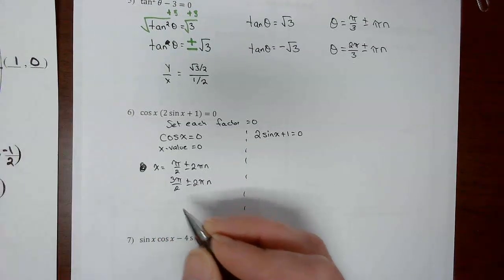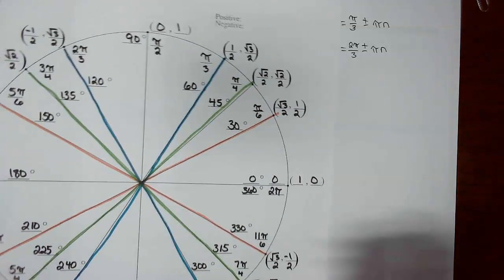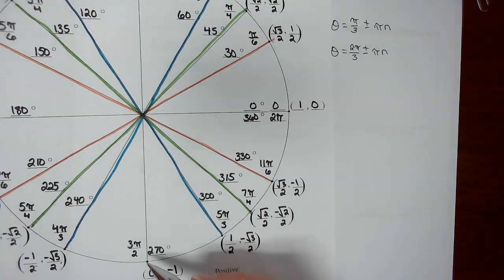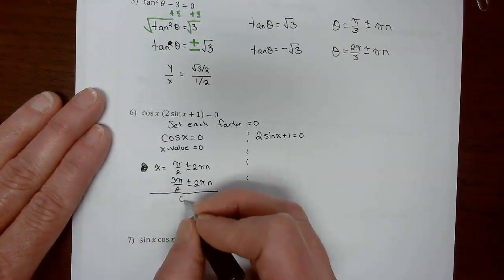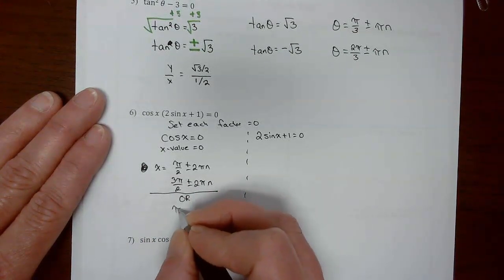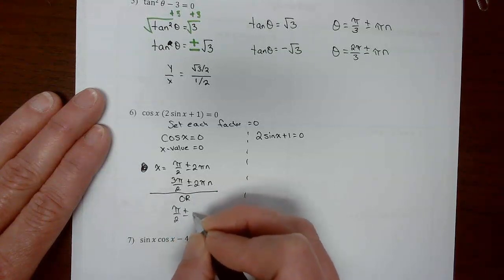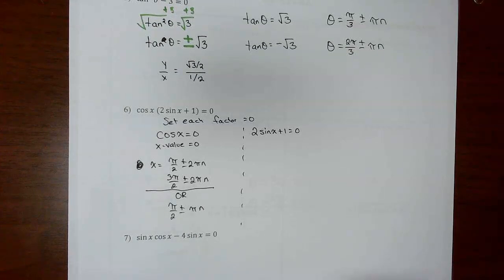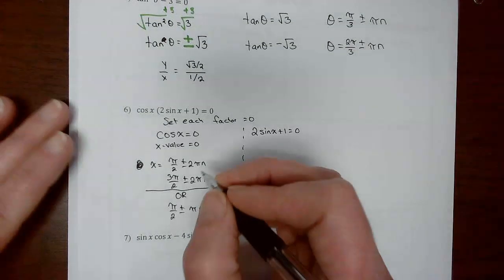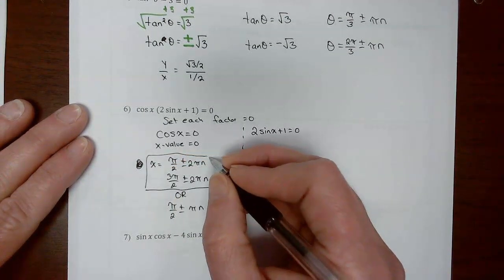That is totally acceptable, but aren't they half of a circle away from each other? So if you wanted to be more concise, this could actually be written as just half of a circle, and we reach the next one. Either answer is perfectly fine.